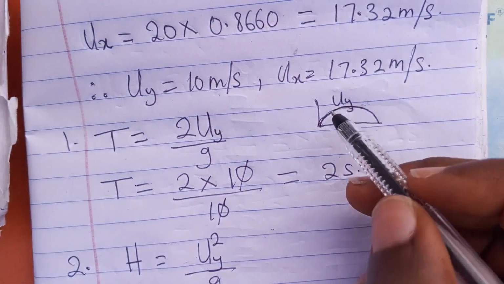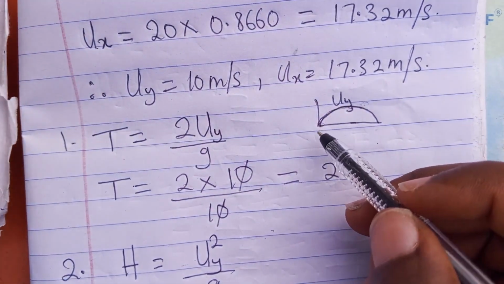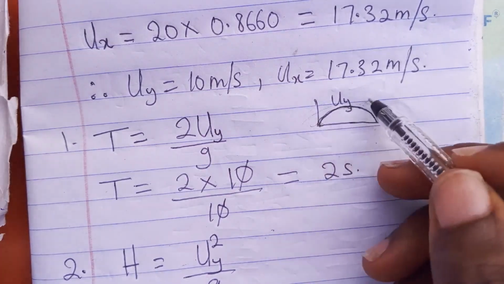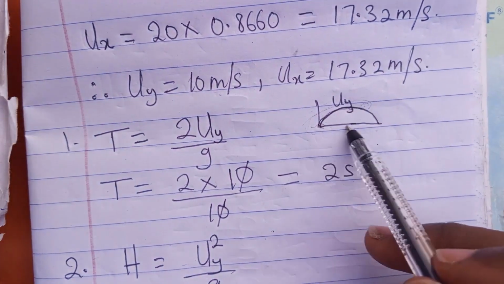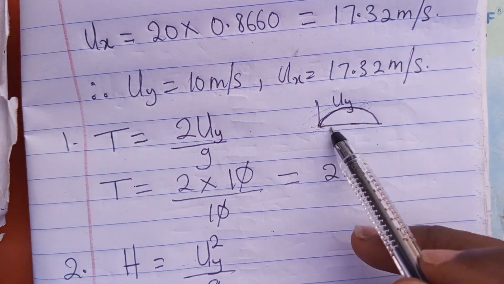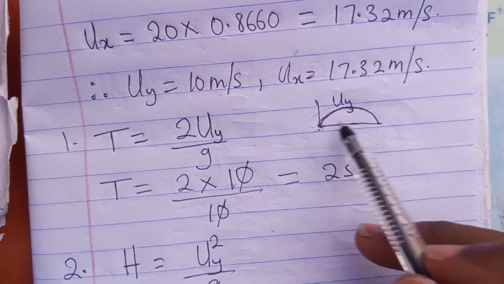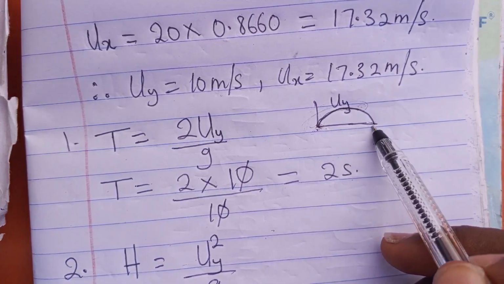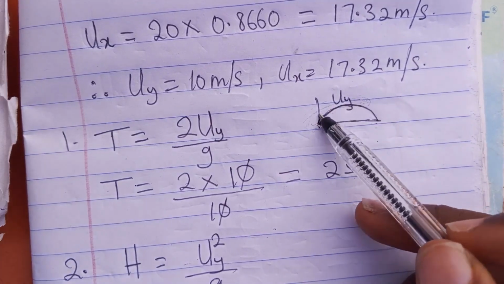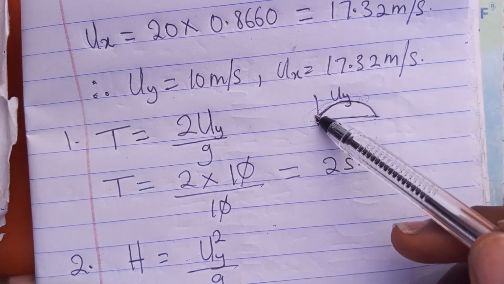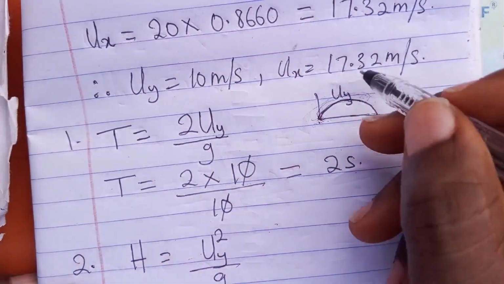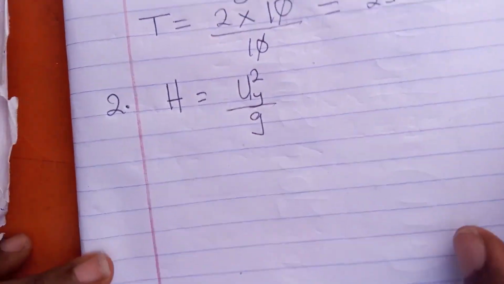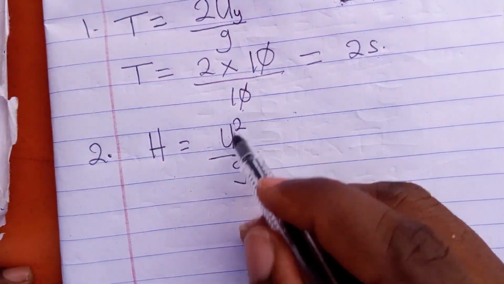The reason is still the same: in projectile motion, the basic direction we are looking at is the vertical. We are not going to look at the horizontal unless we are dealing with something like the range, because the range is defined as the horizontal distance from this point to this point. The time of flight and the maximum height depend on the vertical component, so we have uy squared over g.